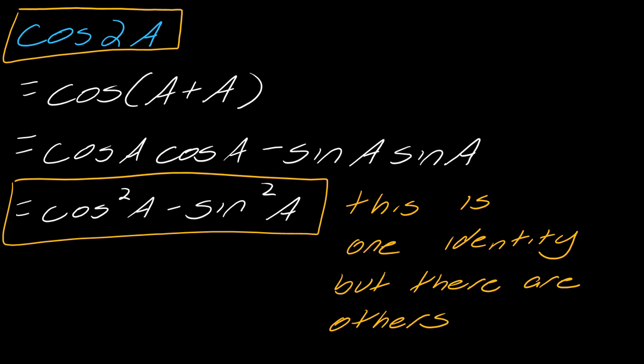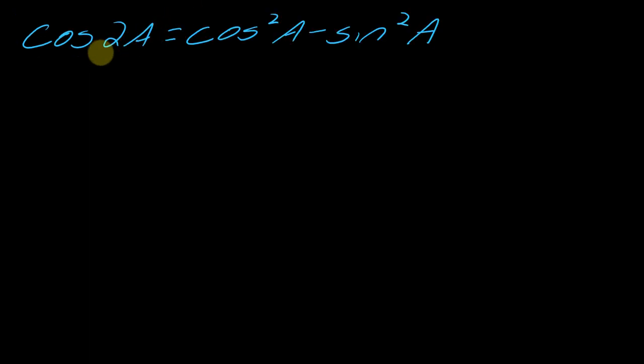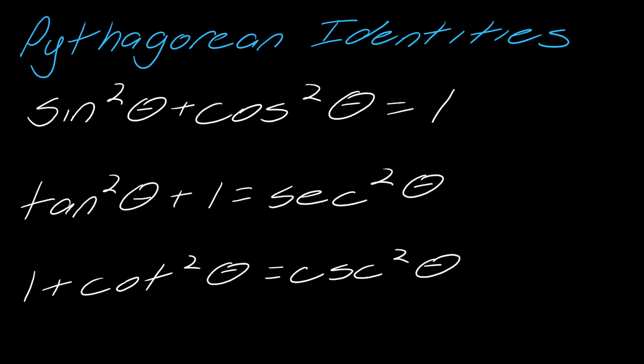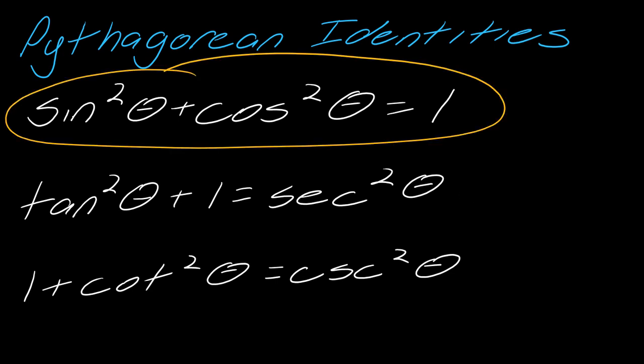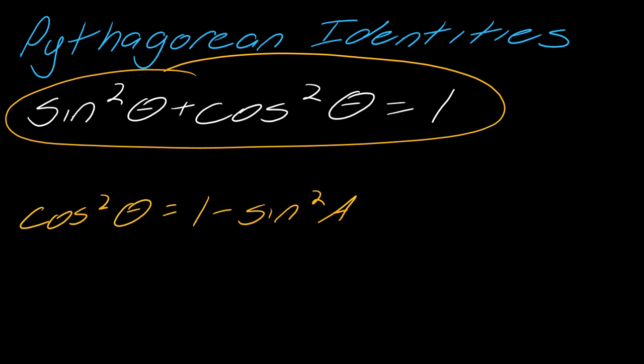So let's keep going. Now I just want to remind you, this is what we just proved. And now I'm going to use the Pythagorean identities to help me play with this a little bit. So I'm going to use this Pythagorean identity here, and specifically I'm going to rewrite this as cosine squared theta equals 1 minus sine squared theta. Oops, that should say theta, not a, my bad.